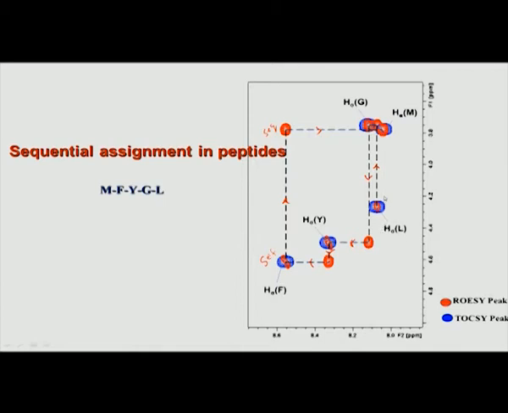By doing the subtraction, we generate a number that we call the secondary shift. Secondary shift is the word given to the value seen for the peptide minus the random coil value for that amino acid. Like that, you can generate the secondary shift for every amino acid based on the values given in the database.